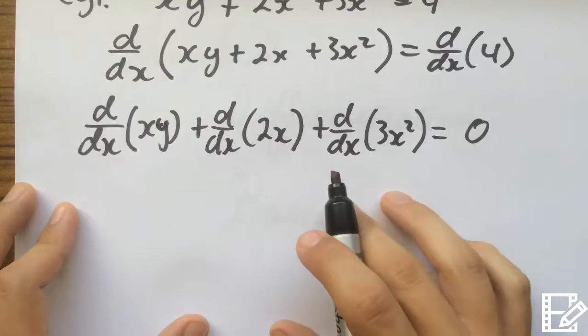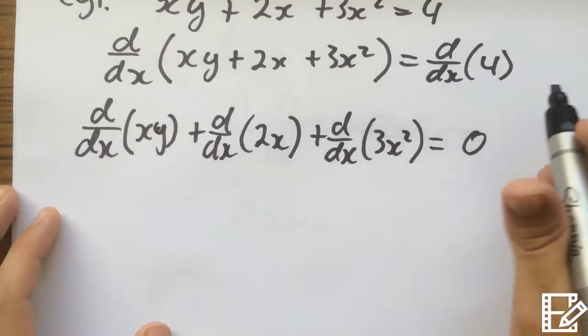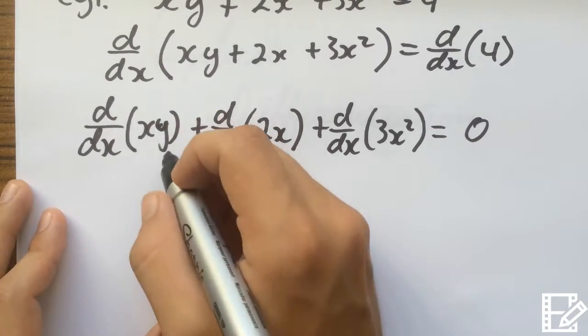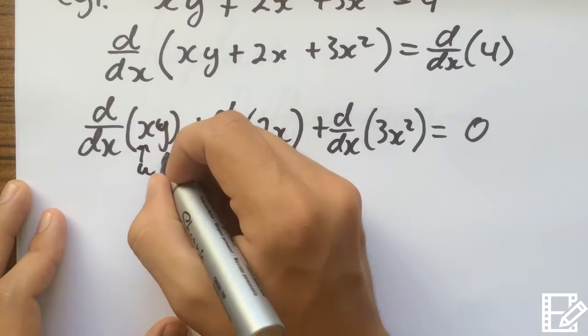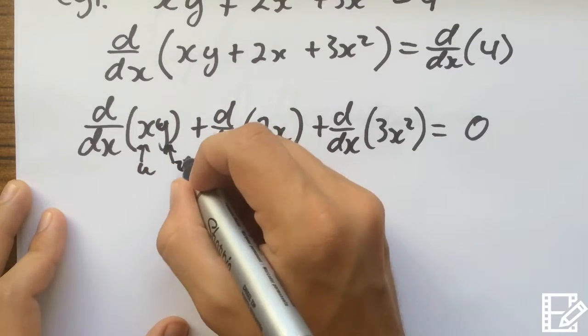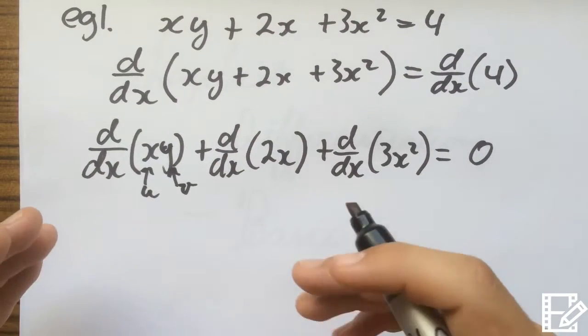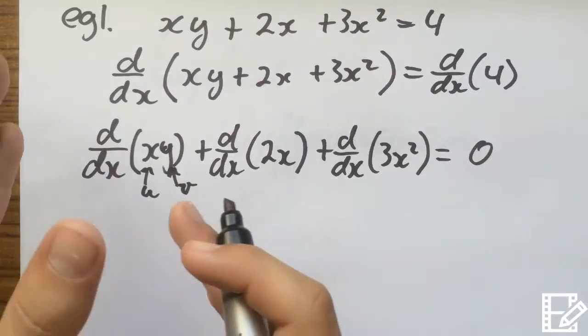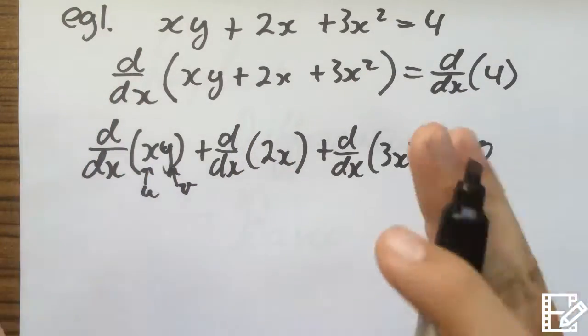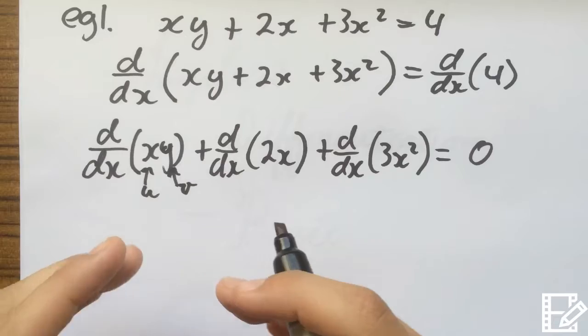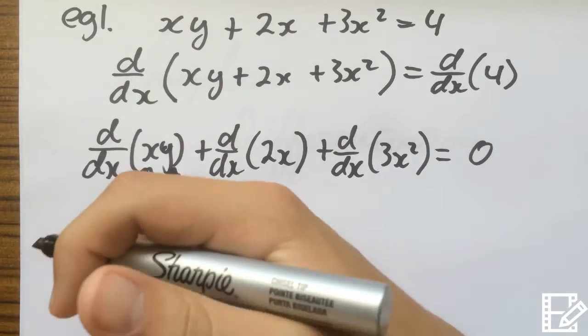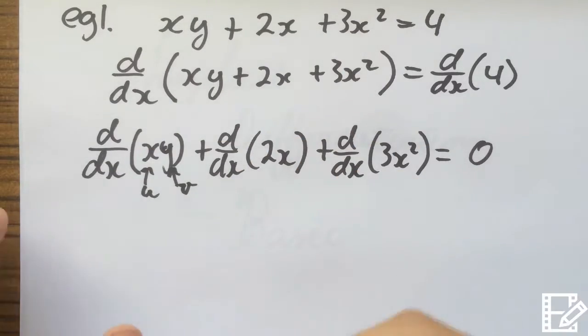Make this look a bit more like a y. Okay, so we have the product rule over here. We'll call this one u and this one v. Only because they're not two separate planes. Like we haven't got a y plane and an x plane. It's not like partial derivatives. We've just got x and y, which is a function of x.